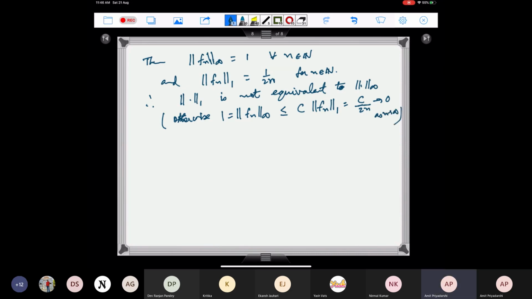So this cannot happen. So on an infinite dimensional normed linear space, you can have norms which are not equivalent. Okay, any questions so far?